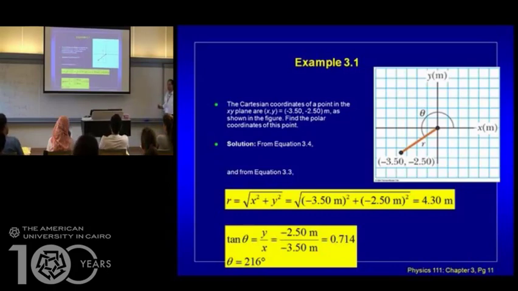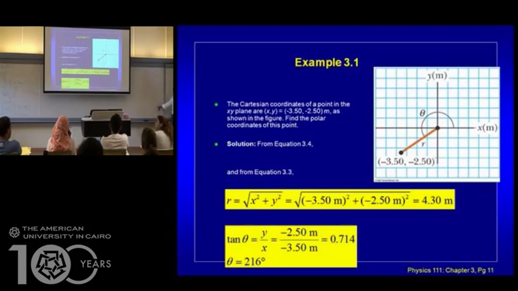This is r, and we need to find that angle theta. I'm going to use the same numbers, 3.5 and negative 2.5. X is positive and y is negative, am I right? Okay, good.